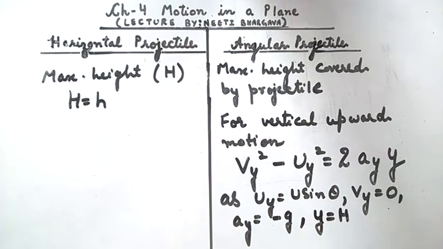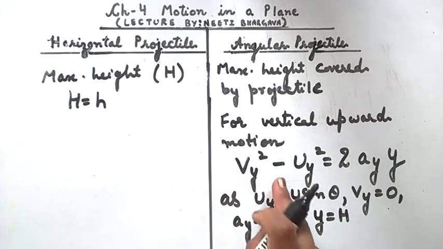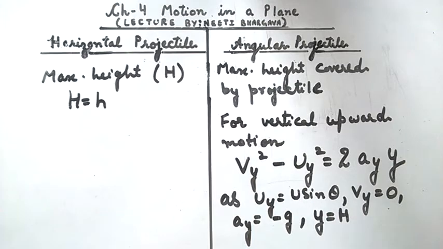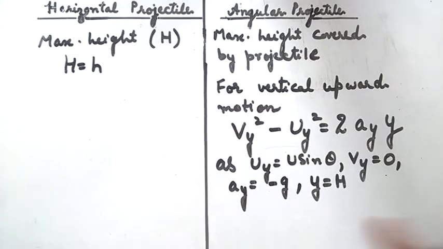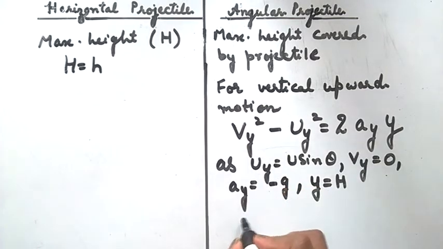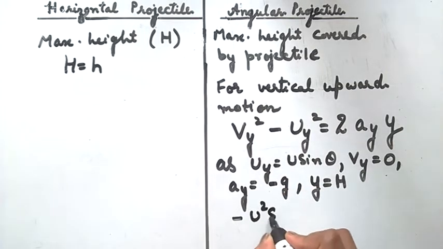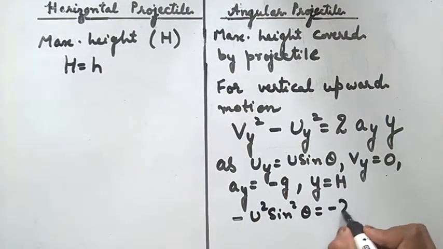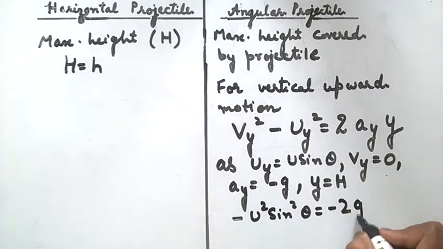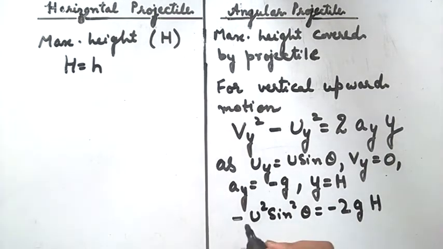Now substituting all these values in the equation of motion, we get Vy square is 0 minus u square sine square theta equal to minus 2gy, and y is h, or minus and minus will cancel out, or we can write h is equal to u square sine square theta upon 2g.